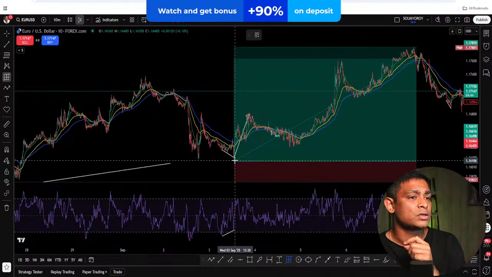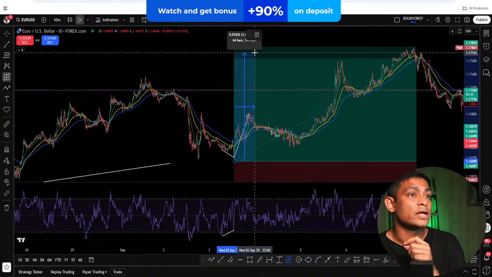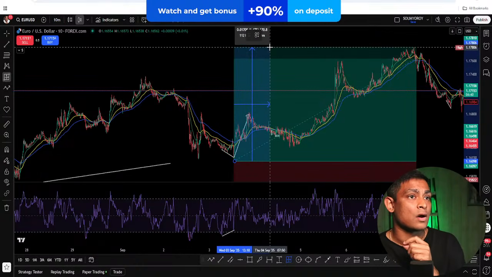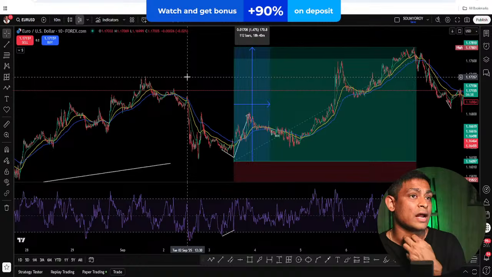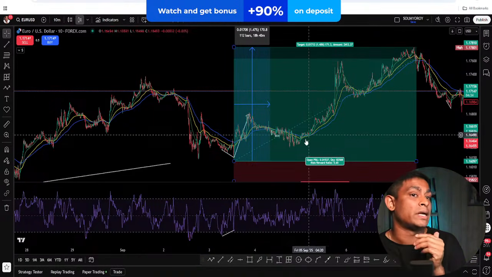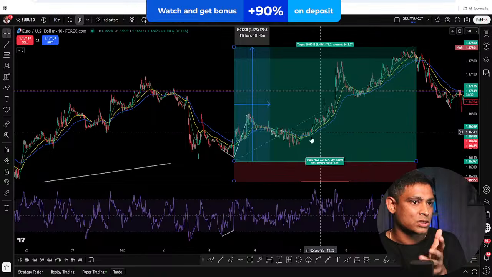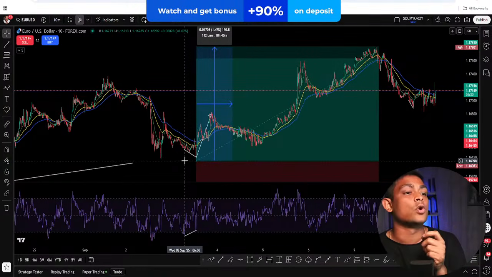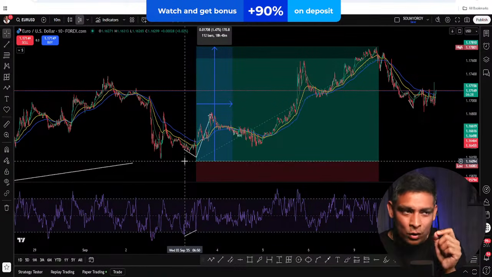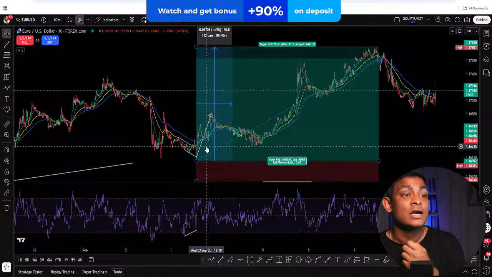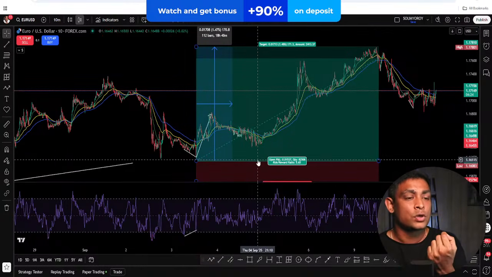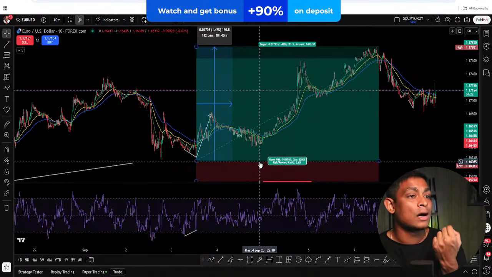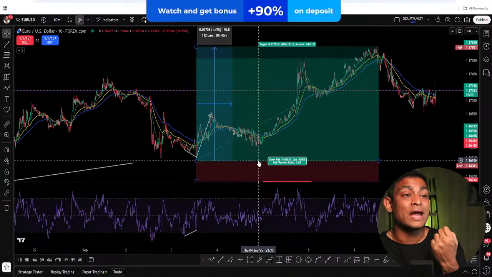Now let me show you guys something very interesting. We have had around 112 bars, 18 hours and 40 minutes of price action, and the price of euro dollar didn't even try once to come below our level of entry.